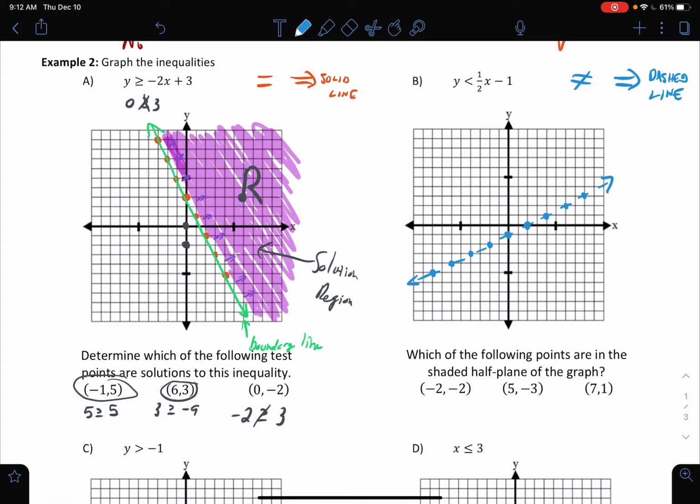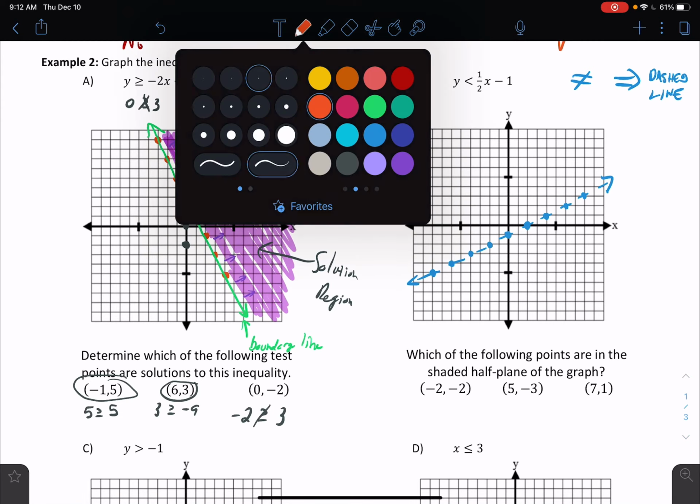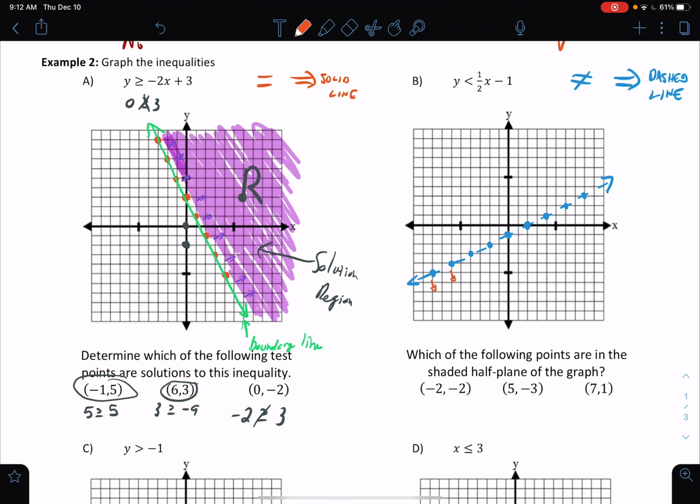It's saying y is less than 1/2 x minus 1. So less than, I'm going to shade below this line. If I tested 0, 0, my origin, I would get 0 is less than negative 1. That's not true.